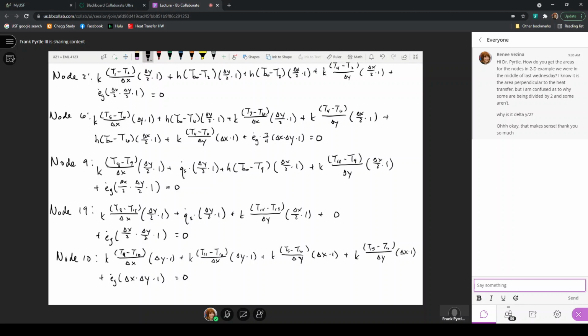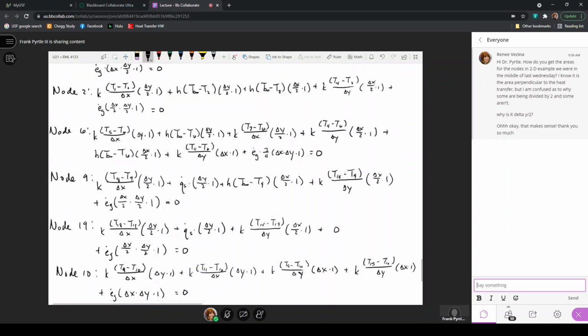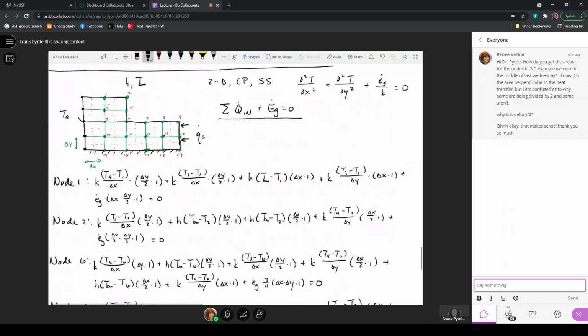This method of writing these equations allows us to write a system of equations that we can then solve for the temperature distributions. Again, the temperatures that we calculate are for each of these nodes that I've indicated in green, and each node is representative of the average temperature for its entire area.